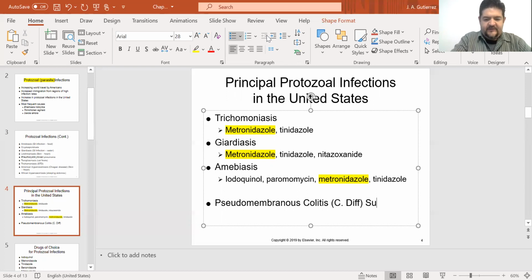Pseudomembranous colitis is a superinfection caused by antibiotics. When this happens, we already mentioned that the patient needs to stop taking the antibiotic, and then we substitute it with metronidazole in order to kill C. diff.